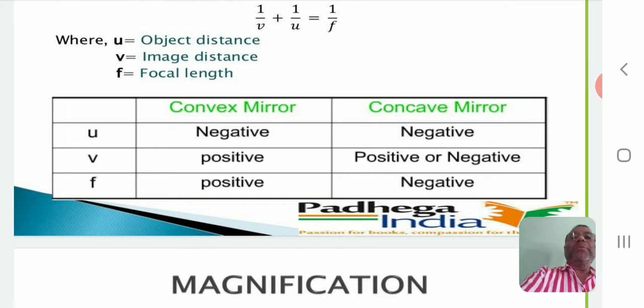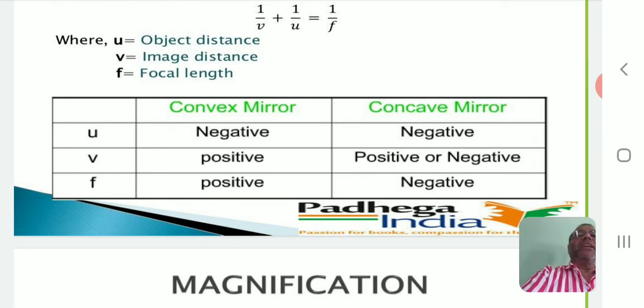Likewise, v, the position of image, may be positive or negative. In case of convex mirror it is always positive. If you just imagine the ray diagram of reflection of light in case of convex mirror, you will find the position of image is being formed on the opposite side of the mirror, therefore it is always positive, meaning we are taking the right side.